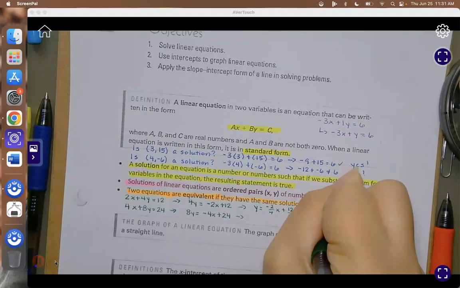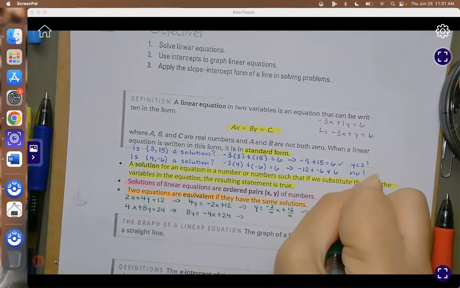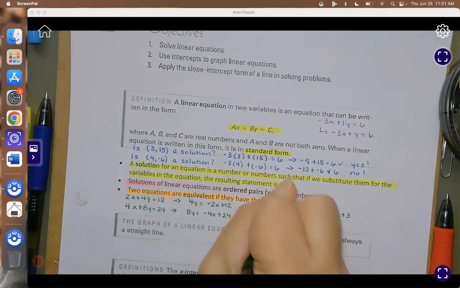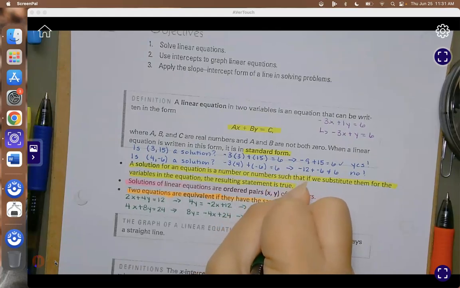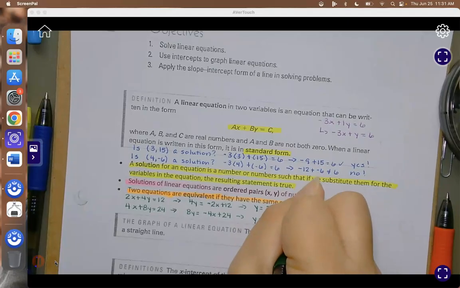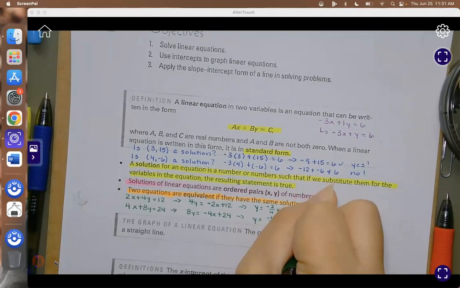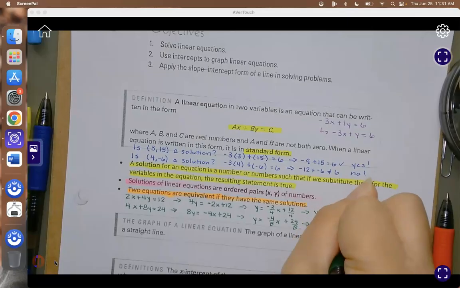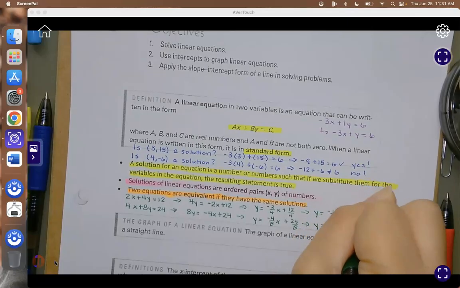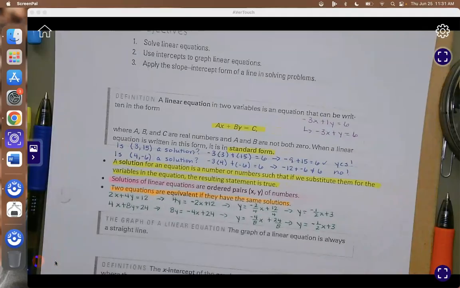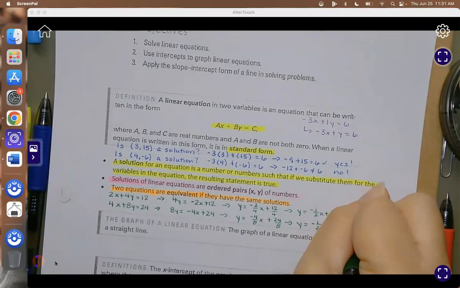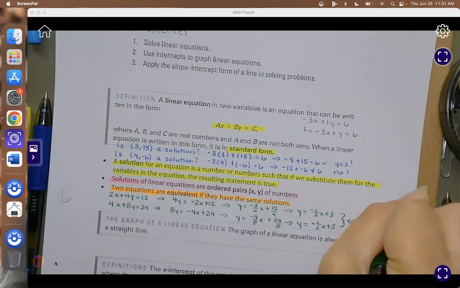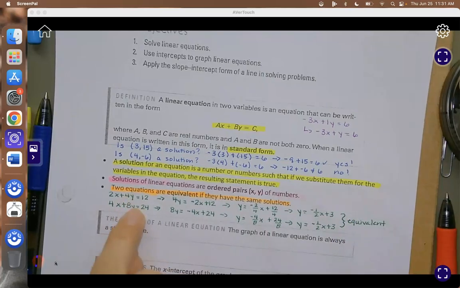And that gives me y equals negative 1/2 x plus 3. Here, I get negative 4 over 8x plus 24 over 8. And that's going to become y equals negative 1/2 x plus 3. Okay, notice that these become equivalent equations. So these are equivalent.